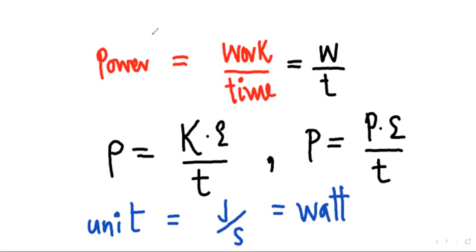So the unit for power is watt, and it can be kilowatt, megawatt, or something like that. There is one more thing regarding power. 1 horsepower is 746 watts.